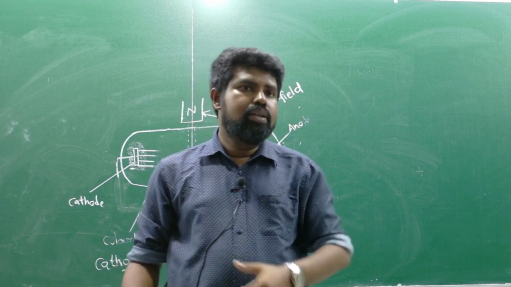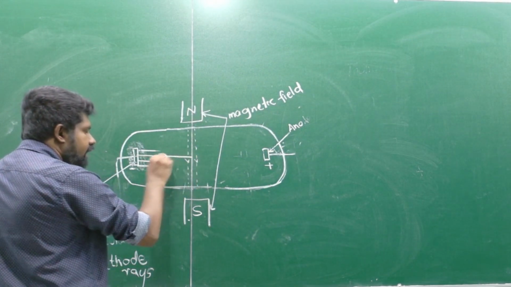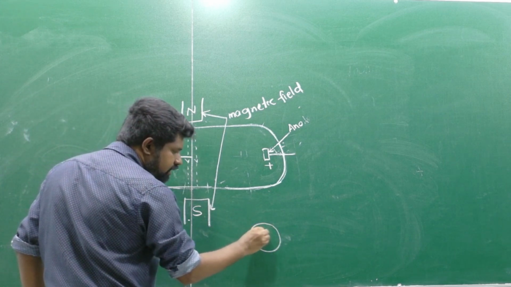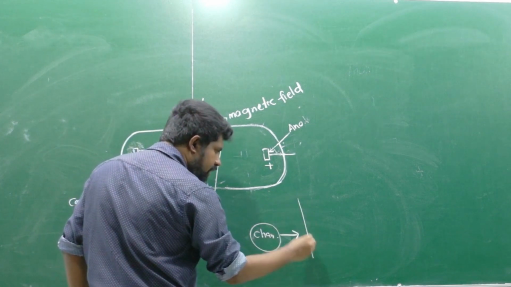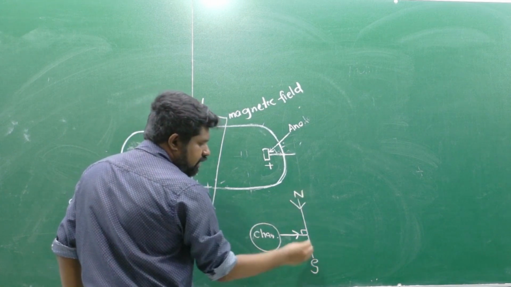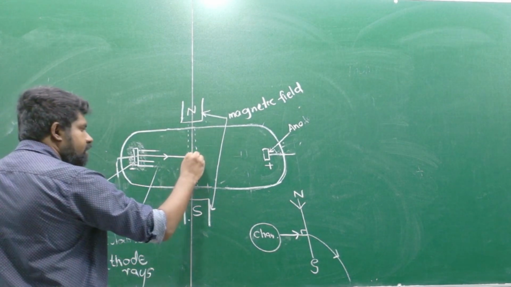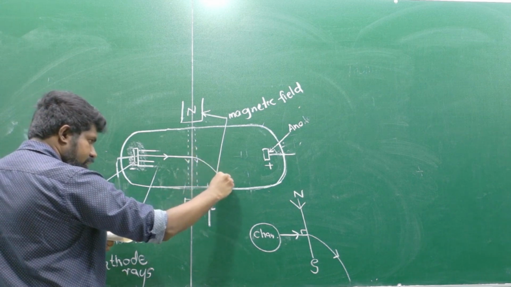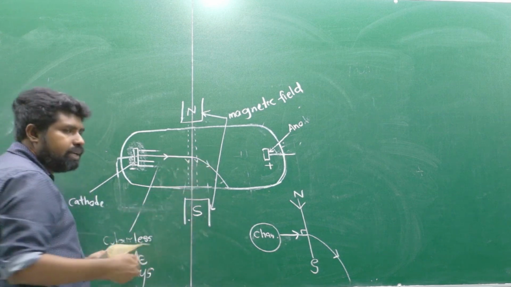If any particle having a charge moves in a direction perpendicular to a magnetic field, there is a force generated in a perpendicular direction. Due to this force, they deflect perpendicular to the magnetic field.